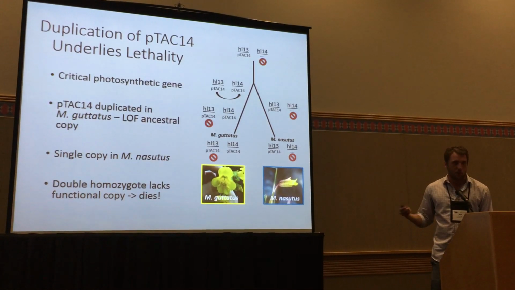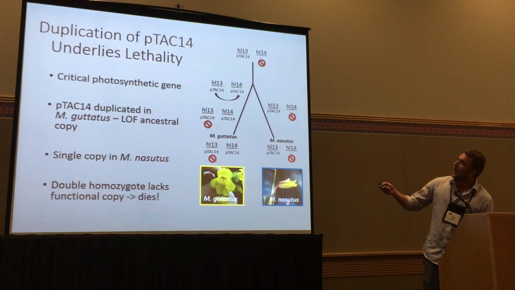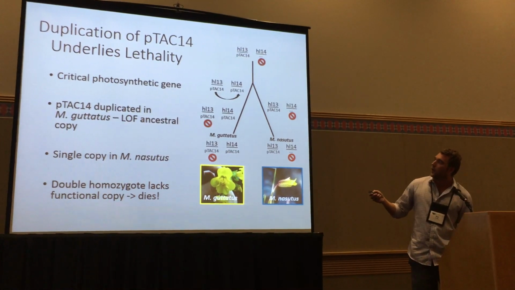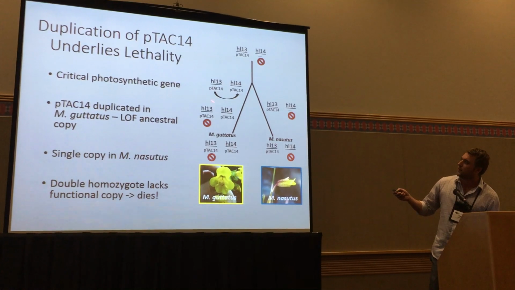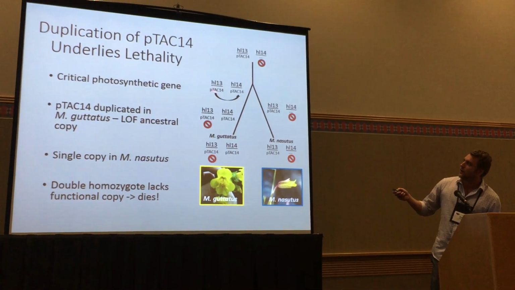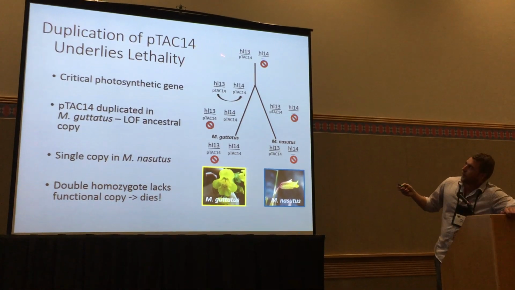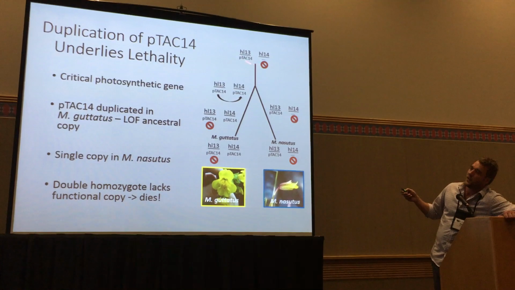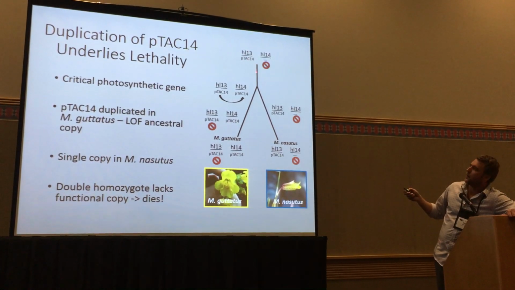Recently, and this is really cool, I actually found the genes that underlie this and the mechanism. Gene duplication underlies this incompatibility. This is called PTAC14, and the model, which is a hypothesis right now, is that ancestrally you had a copy of this key photosynthetic gene called PTAC14 at hybrid lethal 13.